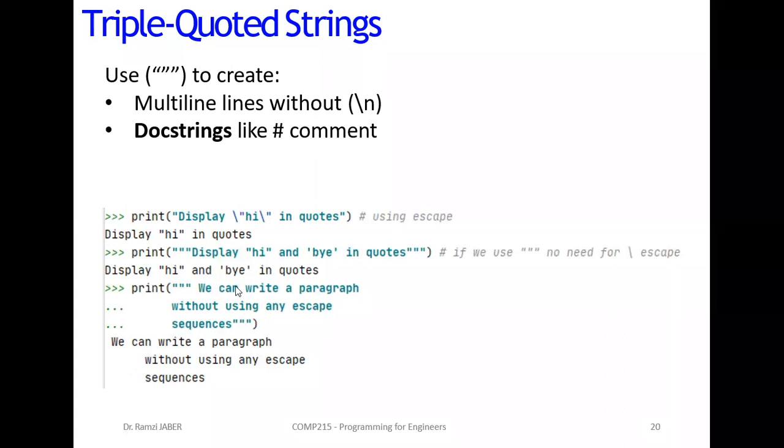So we can use the enter from the keyboard, and also tab. Put tab here. So print triple quotation here. You can use tab, enter and tab. Okay, it's clear.